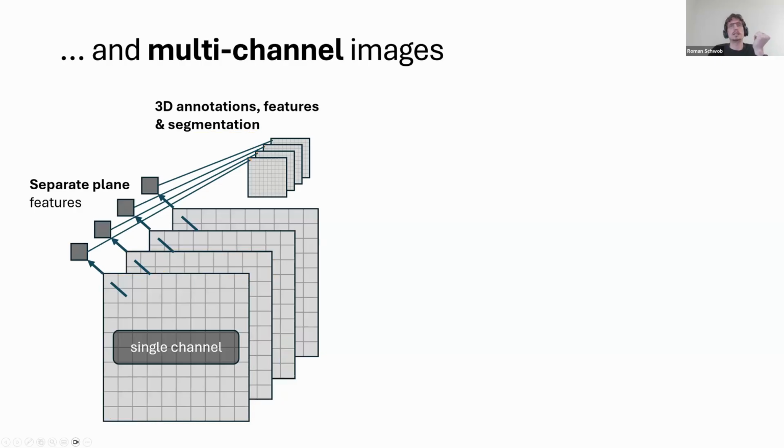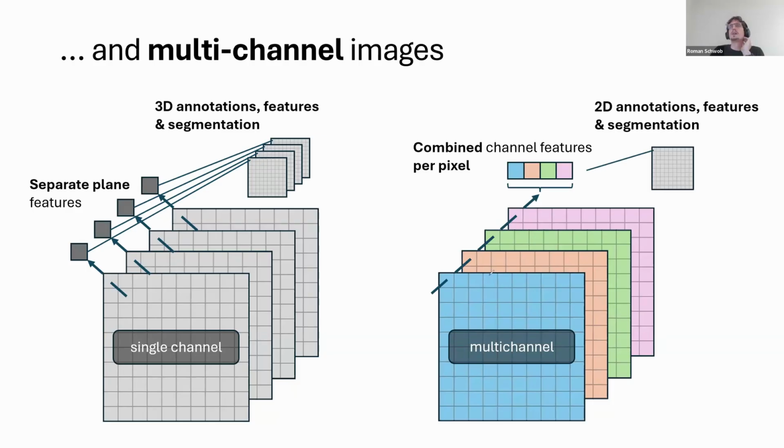Whereas if you're dealing with a multi-channel image, the channels are also technically seen as a third dimension, but they are representing the same place. They're representing the same pixel. So here you want to see through those multiple channels and combine the information of those channels for one segmentation.